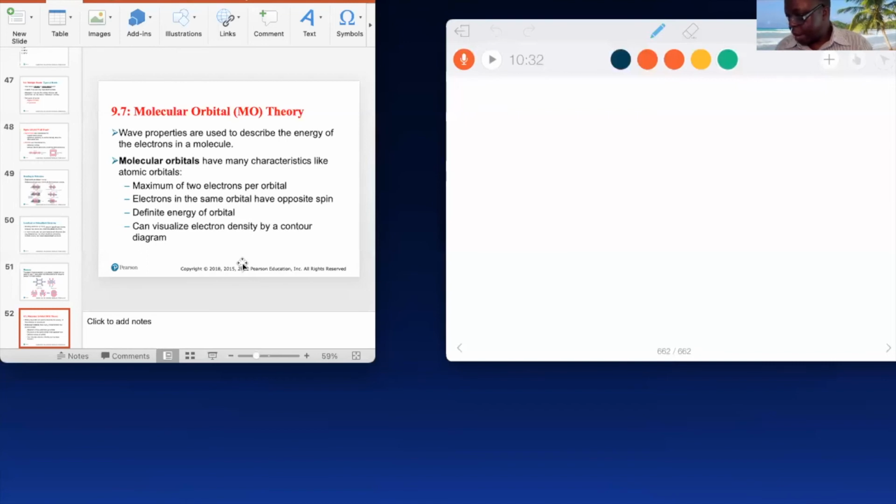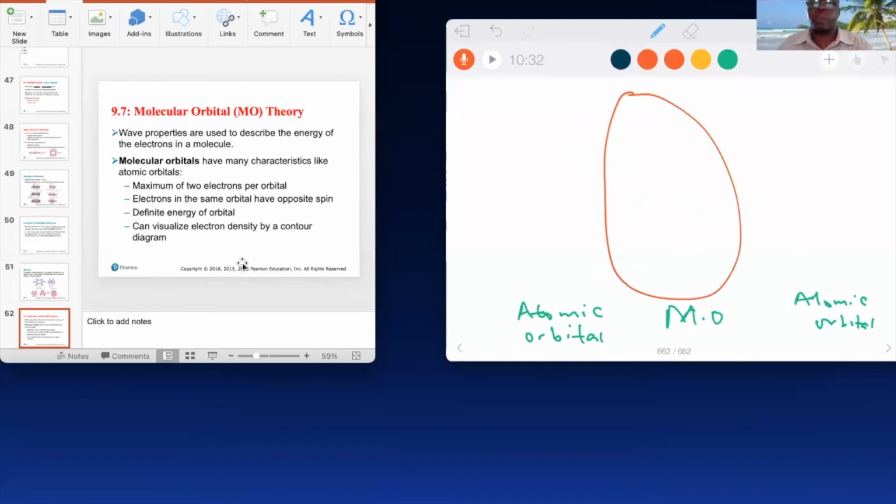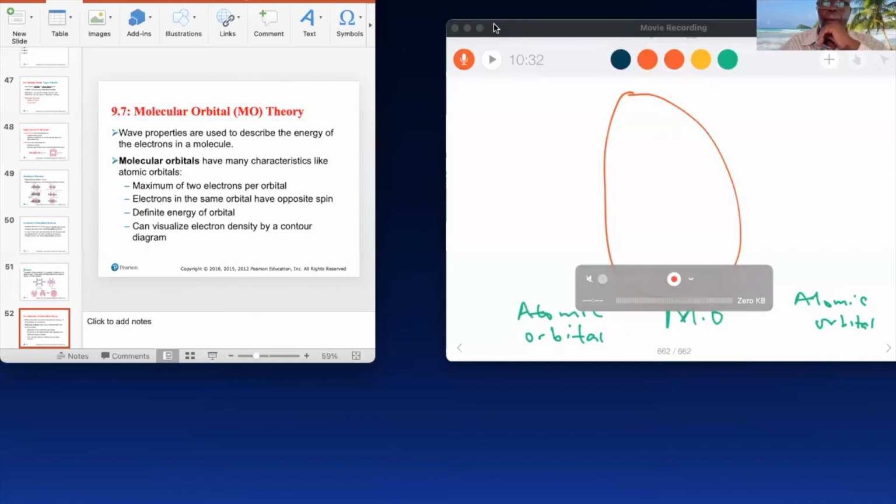That means you have an atom here, atomic orbital, and then you have atomic orbitals. Where I'm taking you with this is molecular orbital, which is what we'll be focusing on to explain how a chemical bond is formed in a molecule, a molecular bond.